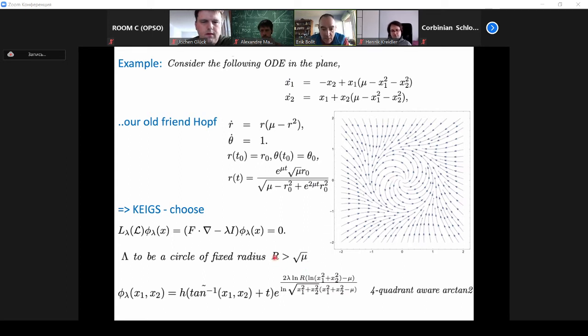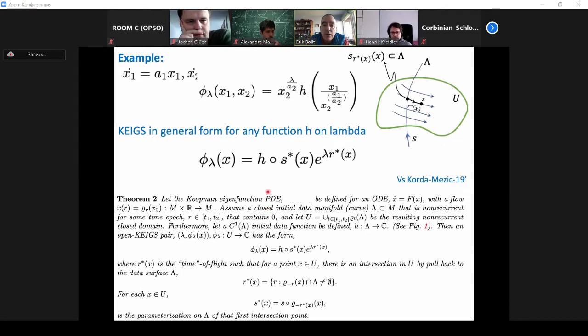So this r will be somewhere out here, a big r bigger than 1. I'm not going to specifically tell you what it is, I'll just leave it in the formula. This ends up working out to be the phi, which comes from that statement, pull back to the data curve, which is going to be at a radius bigger than 1, measure the h there, and then push it forward and keep track of the time it took to get there.